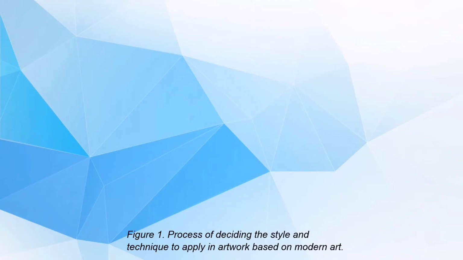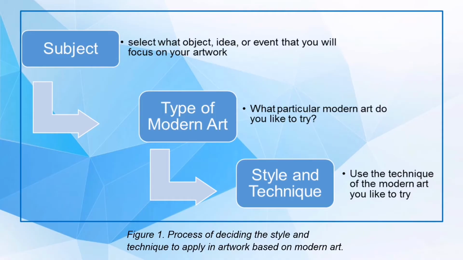Figure 1. Process of deciding the style and technique to apply in artwork based on modern art. The figure below will show you the basic steps in deciding what particular style or technique an artist is to use for an artwork.